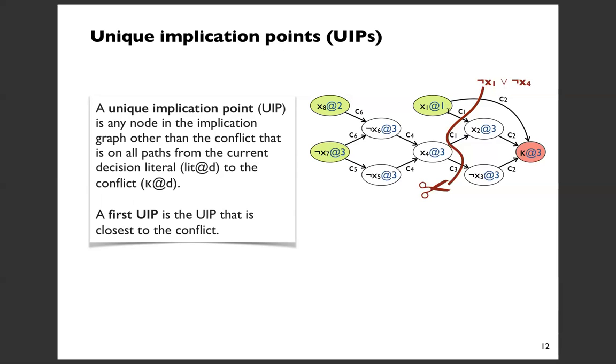But we choose this over the other conflict clause that contains all the sources because it's better to choose the one that has a unique implication point. When there are multiple unique implication points, choose the one closer to the conflict side. Firstly, the closer it is to the conflict side, the smaller the conflict clause will be in general.